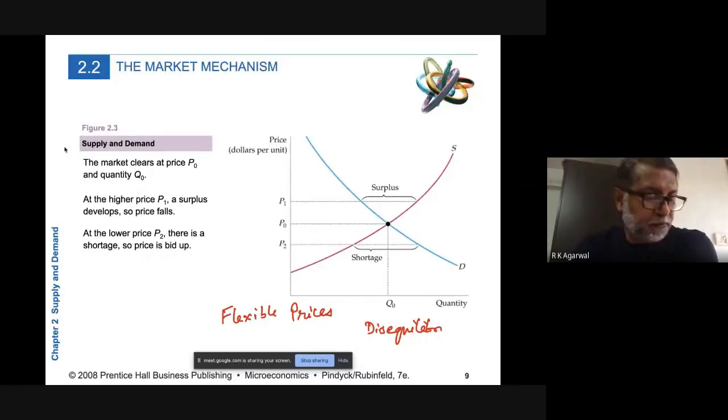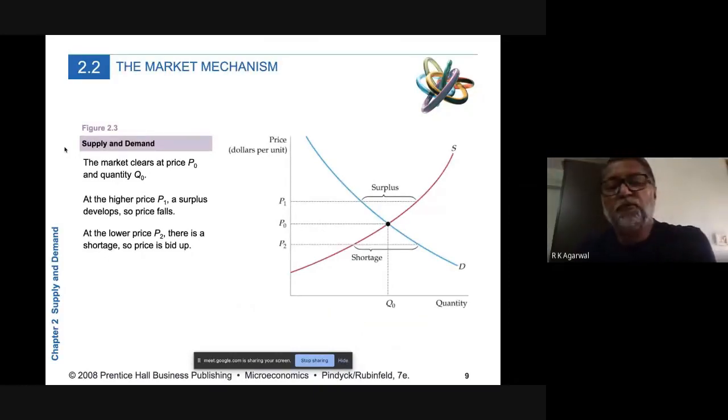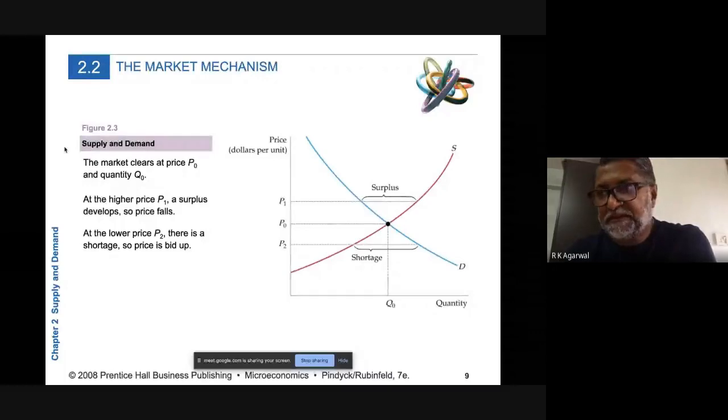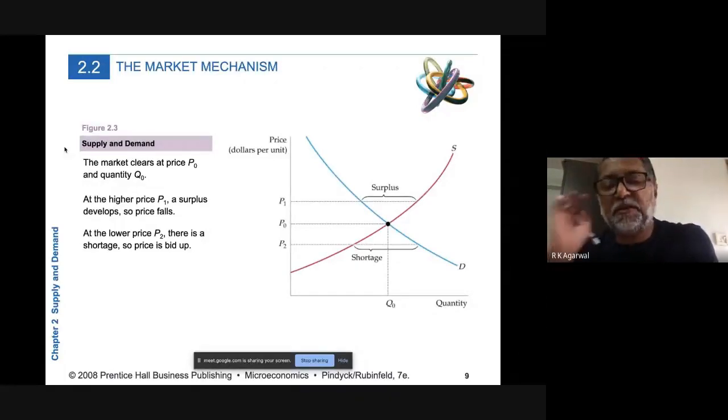So most economists, whom we call classical economists or neoclassical economists, assume that prices are flexible. But one great economist who has reinvented economics, John Maynard Keynes, presumes that prices are rigid, at least in the short run.